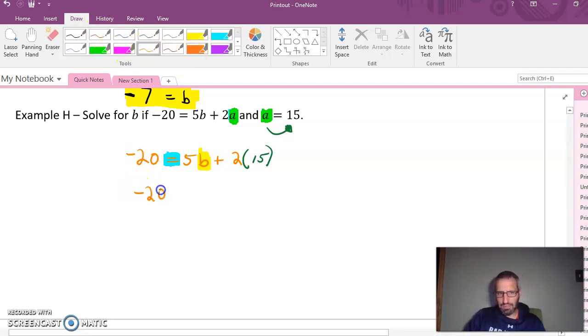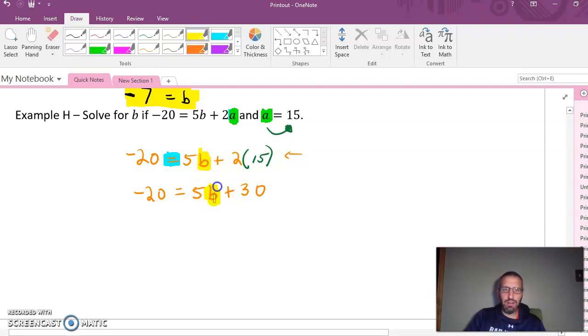Negative 20 equals 5b. Now let's simplify these. Order of operations says that we can multiply these out, and 2 times 15 is 30. Now, because we were able to simplify this little thing over here, this hopefully should look like what we've seen before.